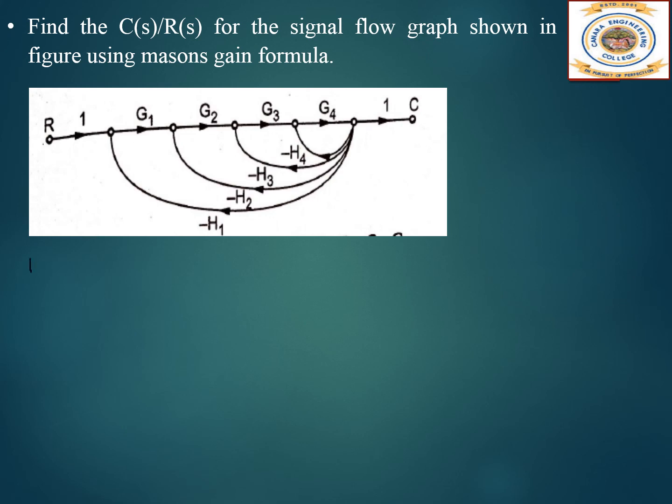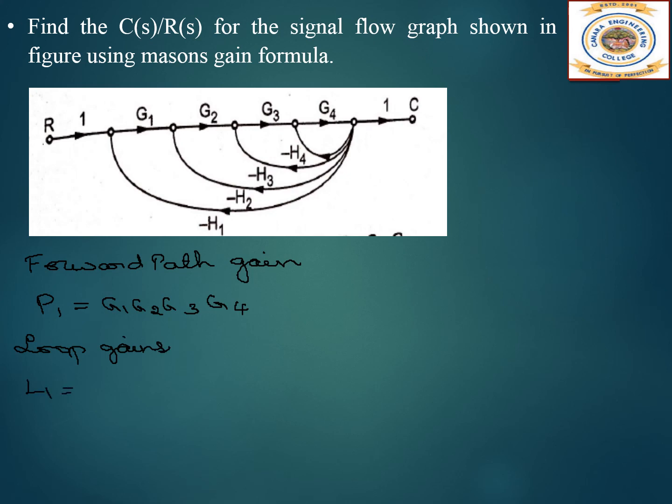So let me just directly write the forward path gain here. So P1 is equal to G1, G2, G3, G4. Loop gains. L1 is equal to minus G1, G2, G3, G4, H1.